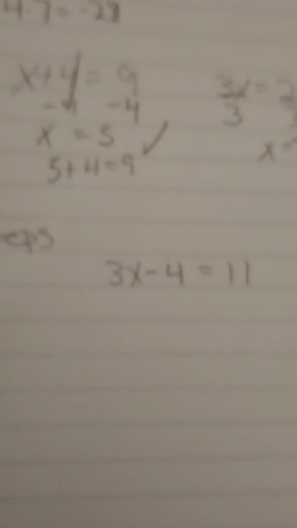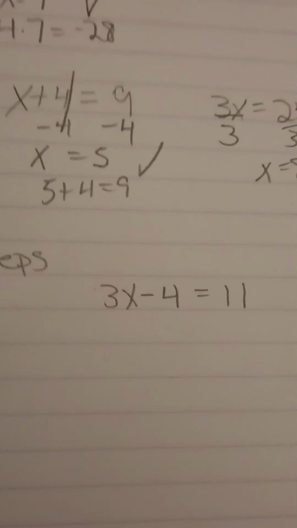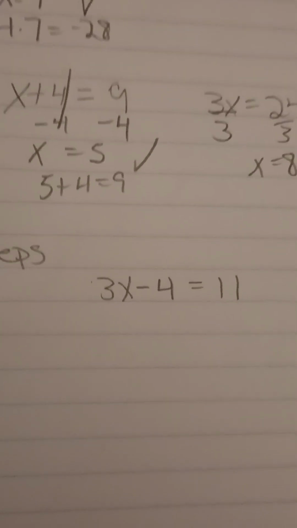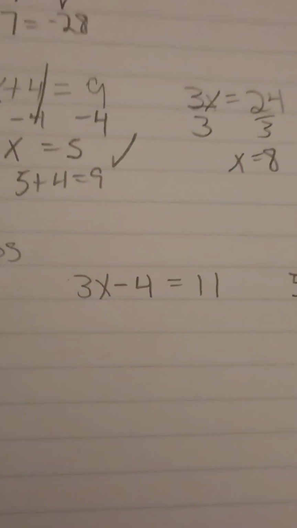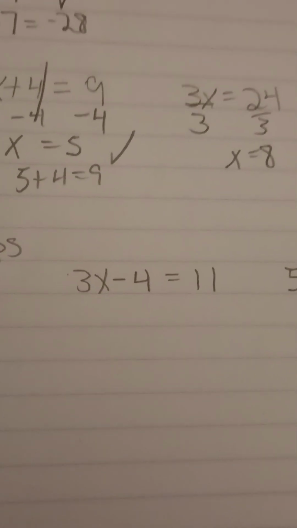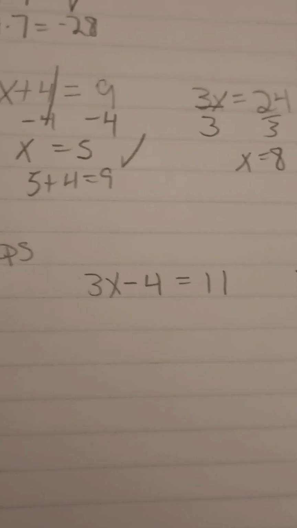Now, let's do another example. So we have 3x minus 4 equals 11. So again, we do addition or subtraction first. So we have subtraction here. So minus 4. So the opposite of subtraction is addition. So we have to add 4 to both sides. And I get 3x equals 15.